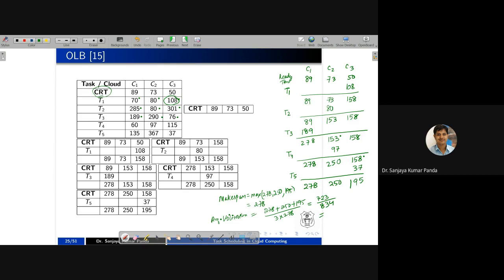So 723 divided by 834, you will get 0.8669, which is equivalent to 87%. So 87% of the time the resource is busy, the rest of the time the resource is idle. Okay, is it clear?